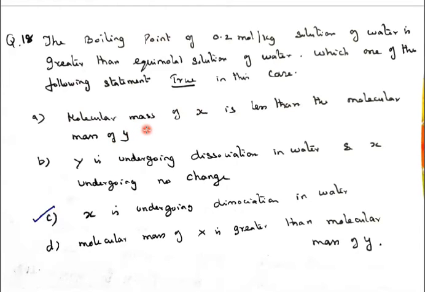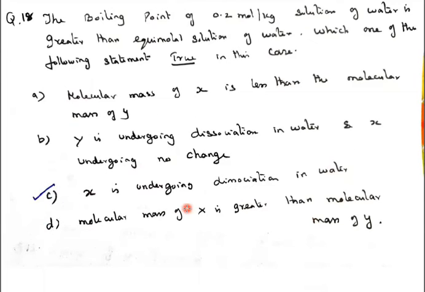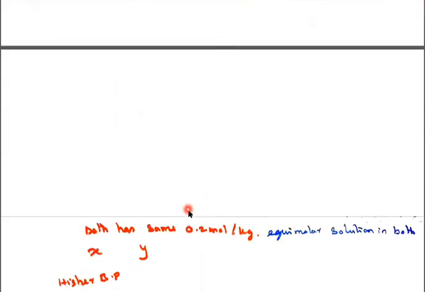Y is undergoing dissociation in water and X is undergoing no change: this is also wrong. So X undergoing dissociation in water is the correct answer. The molecular mass of X being greater than that of Y: we cannot say whether it is less or more. So X molecule is undergoing dissociation in water.